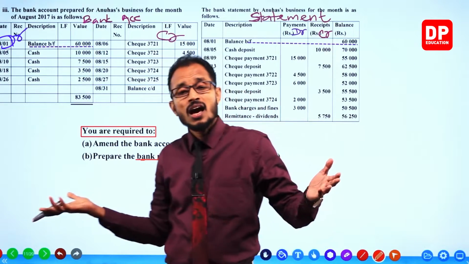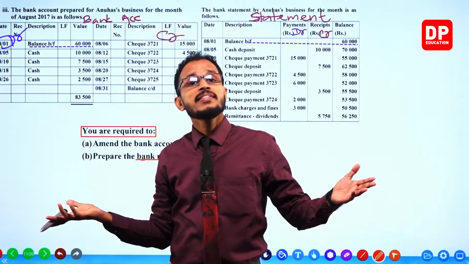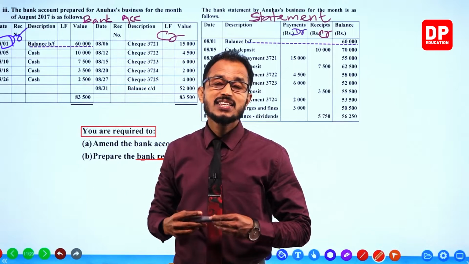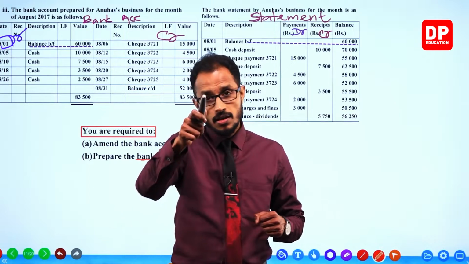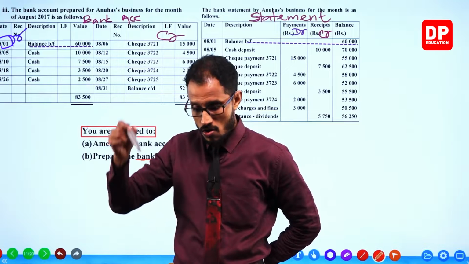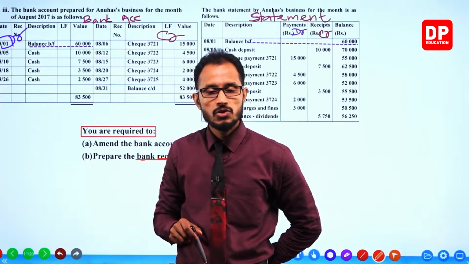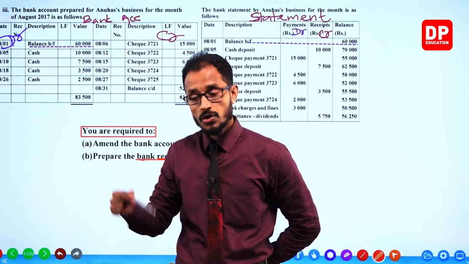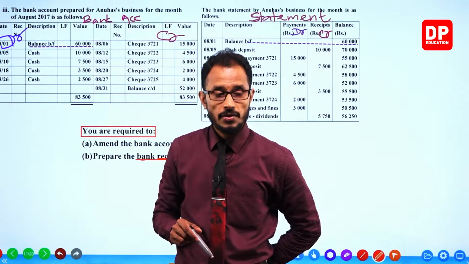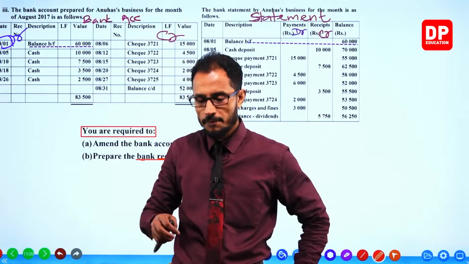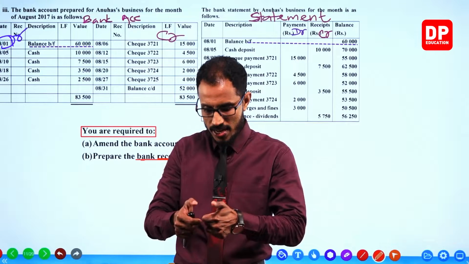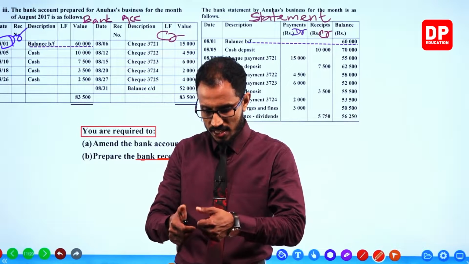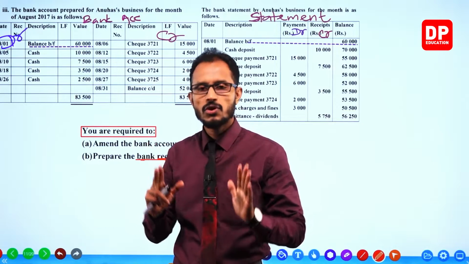I'm not going to teach you anything here. I have done the lesson in grade 10. The lesson is uploaded on YouTube. You can go to the DP YouTube channel, type grade 10 bank reconciliation, and you are going to get the video.